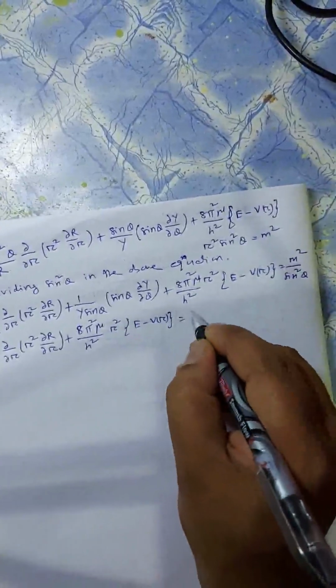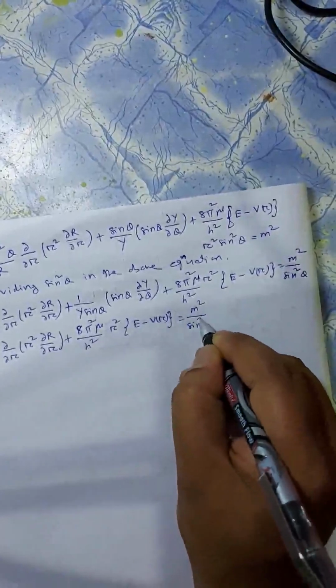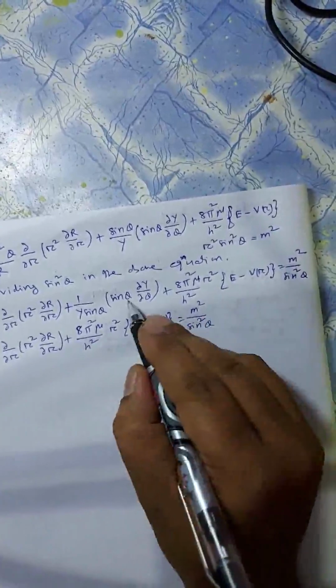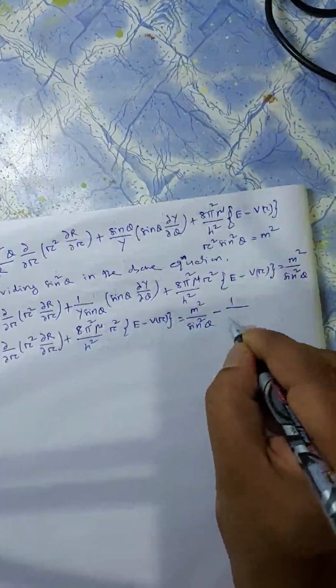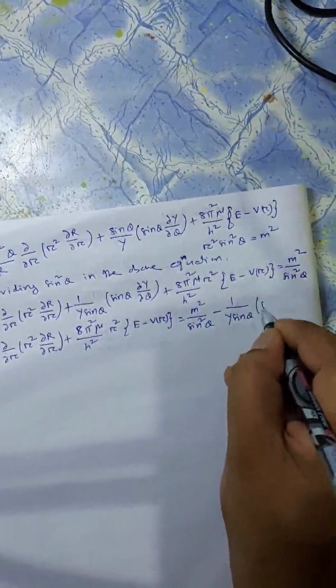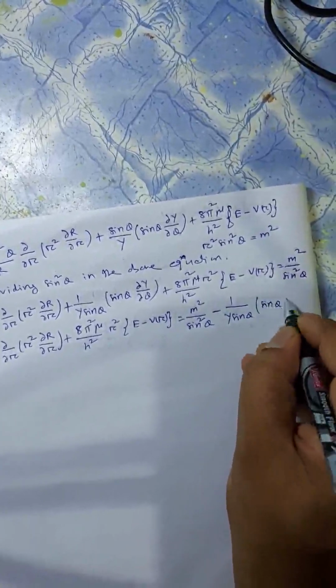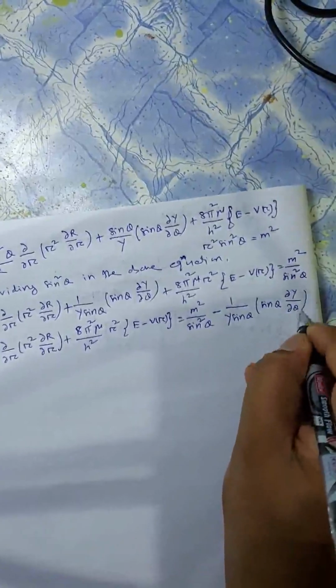We take this one to that side. To that side, what remains is m square by sine square theta. When we come to this side, it becomes minus 1 by Y sine theta dou Y by dou theta.